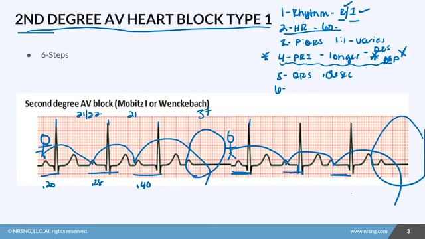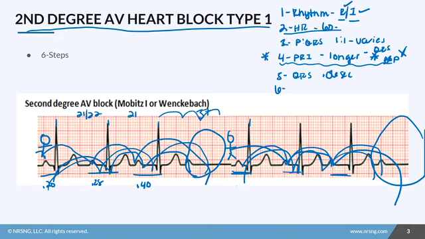Another way that you can learn this is longer, longer, drop, winky, winky, bop. Okay, so longer, longer, drop, winky, winky, bop. And that is just the best way to remember that the PR interval is longer, longer, and then you drop, and it is winky, winky, bop. Okay, I hope this helps. I know sometimes silly things like that help people remember, so I hope that helps you.